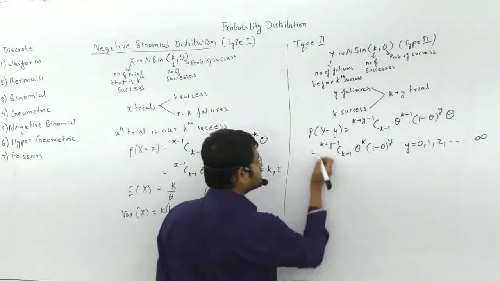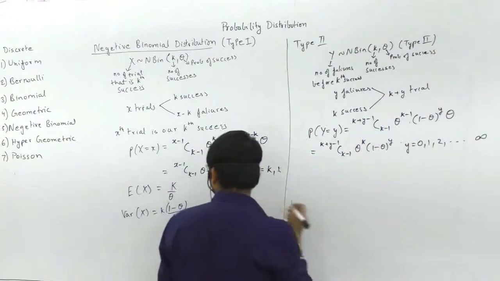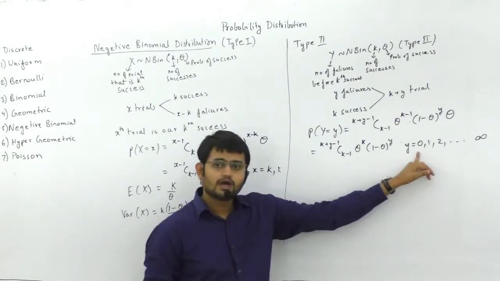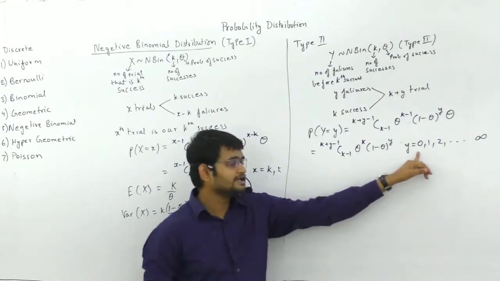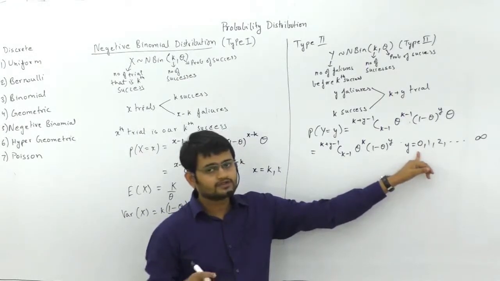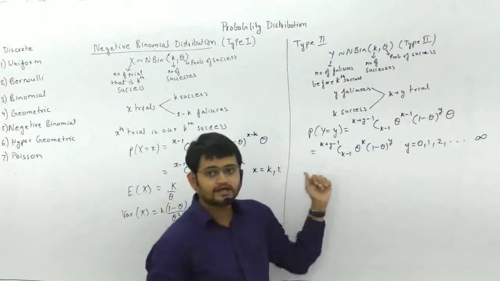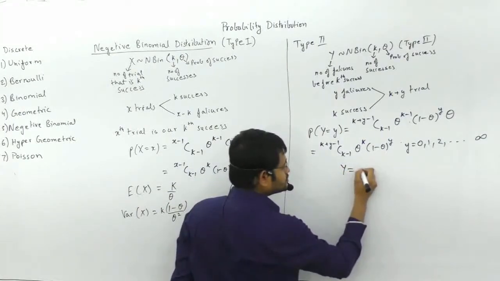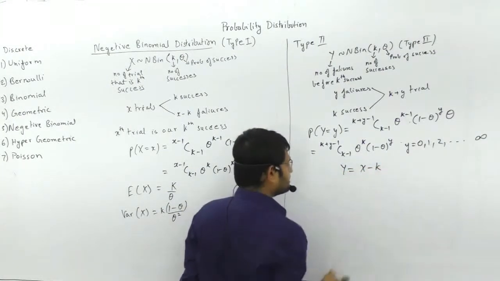What about the relation between Y and X? We know that when Y is 0, our X was k, we need k successes and 0 failures. So we'll have k trials and 0 failures. So I can say Y is equal to X minus k.